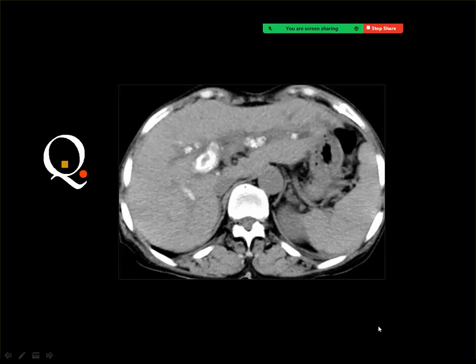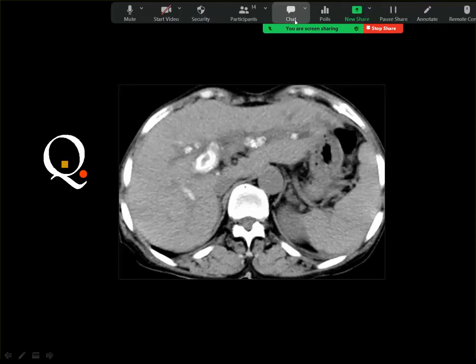Next case is a CT of the abdomen without intravenous contrast injection. Cholangitis. Which type? Amoebic?